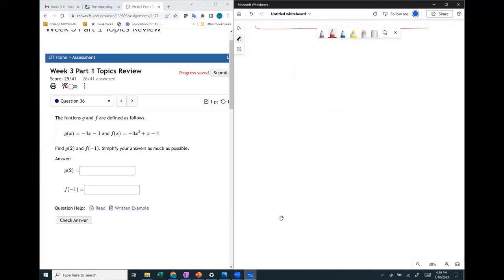Now I have 2 functions, and I want to know what g of 2 is. I'm going to do this with colors, which makes it a little easier. If g of x is equal to -4 times x minus 1, I'm going to rewrite this one more time, just for demonstration purposes.